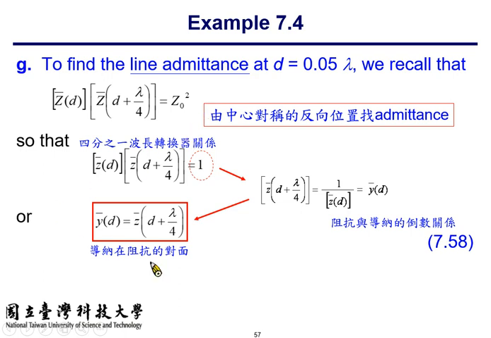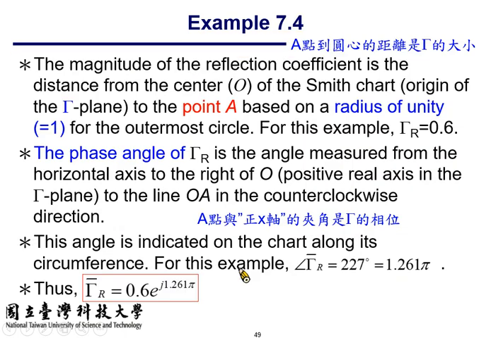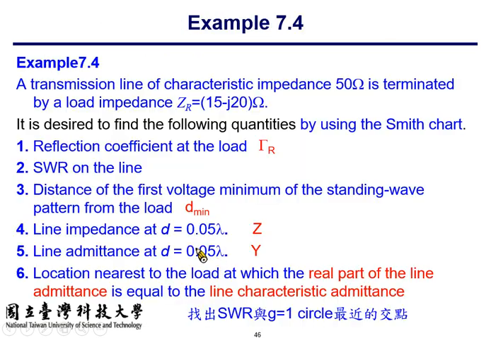The next job in equation 7.4 is to find the admittance at this position, at ZD. So what is the relationship between impedance and admittance? Well, the admittance is the inverse of the impedance.